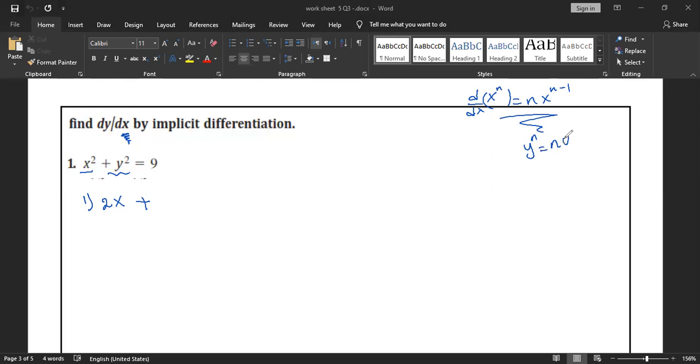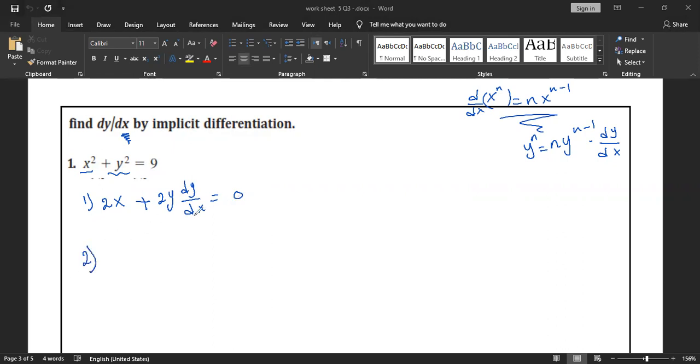It will be n u to the n minus 1, multiply dy by dx, which means y prime. So it will be 2y. Don't forget, they disagree. It will be dy by dx. The derivative of any constant is 0. You have to keep the rules with you until you remember all of them.